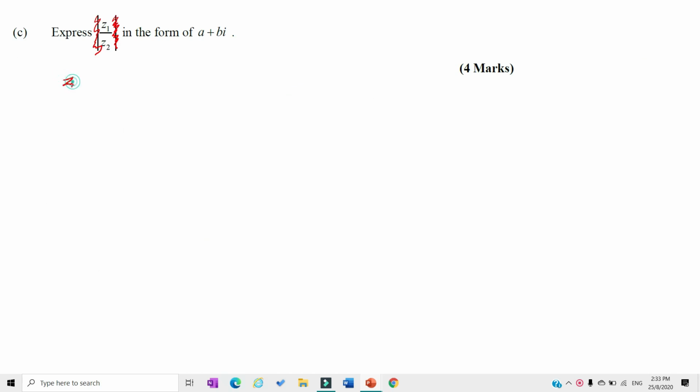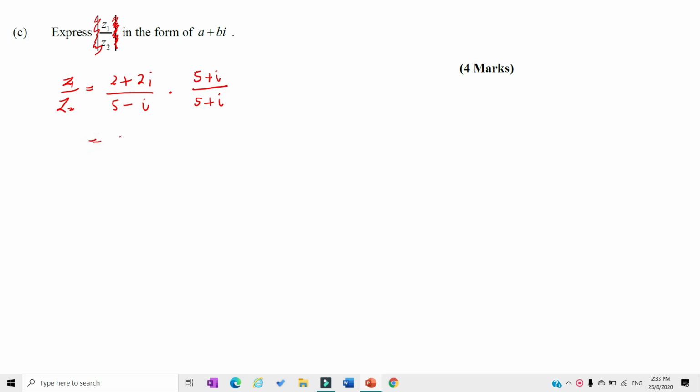So Z1 over Z2 equal to 2 plus 2i divided by 5 minus i. So how to find the division? So we need to multiply with the conjugate of the denominator. The conjugate is 5 plus i.